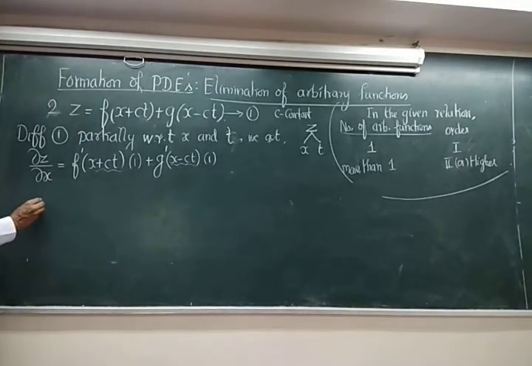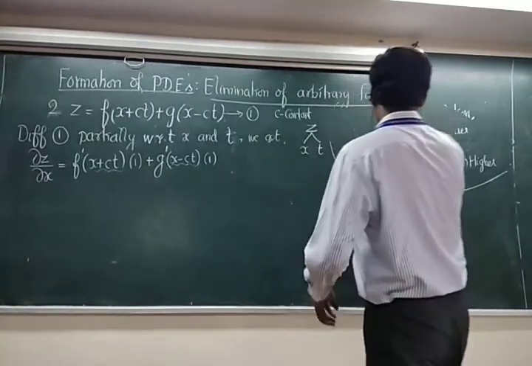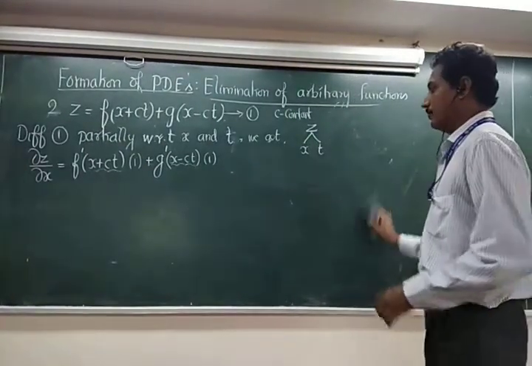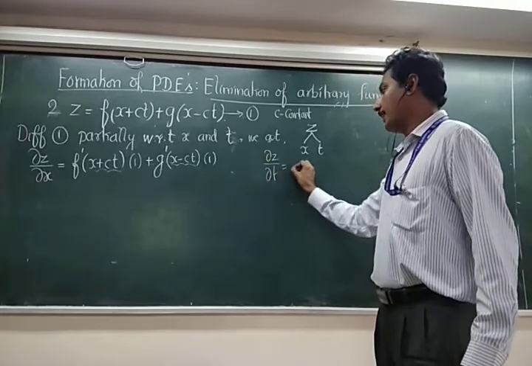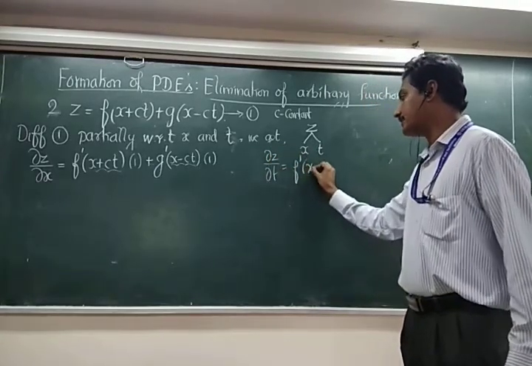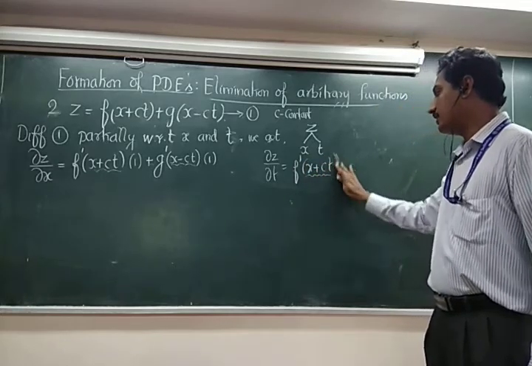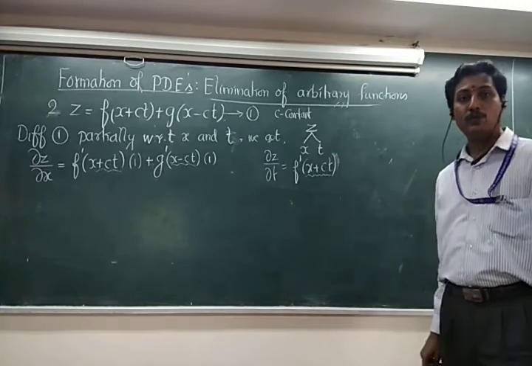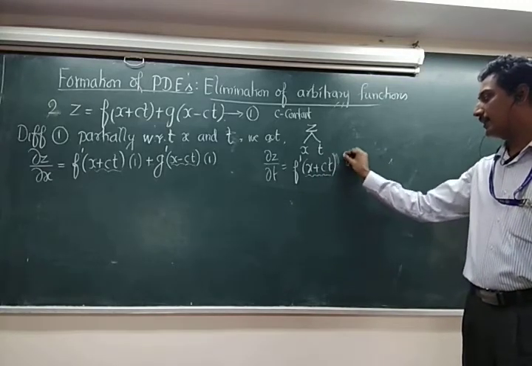What about with respect to t? Dou z by dou t is equal to f dash of x plus ct. Now this time we differentiate this with respect to t. So what is the coefficient of t here? C. What about x?